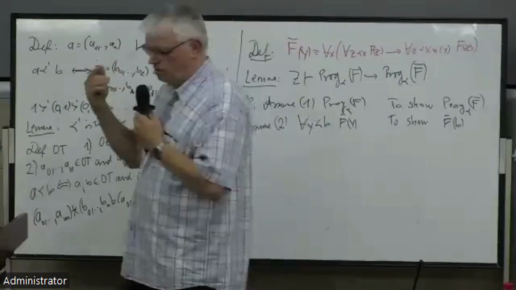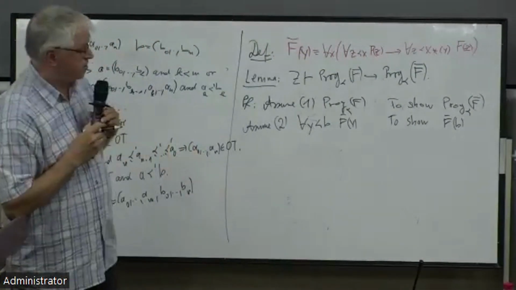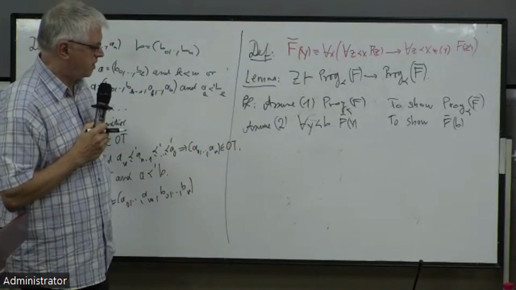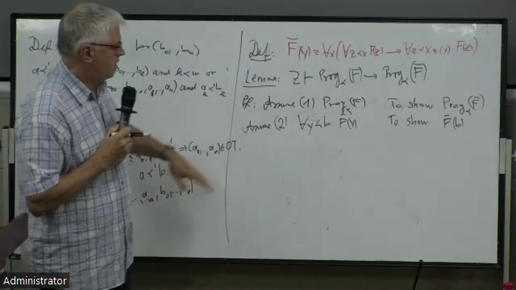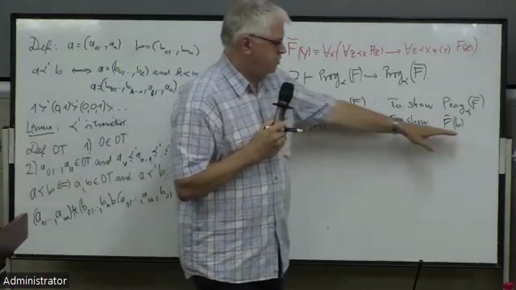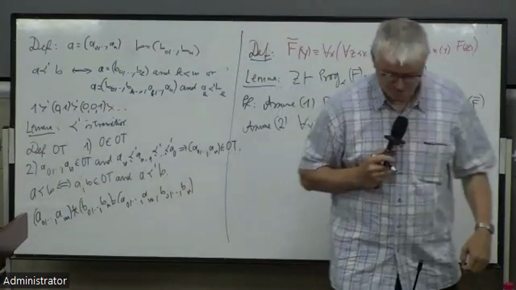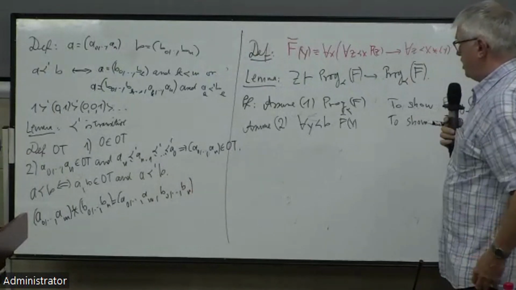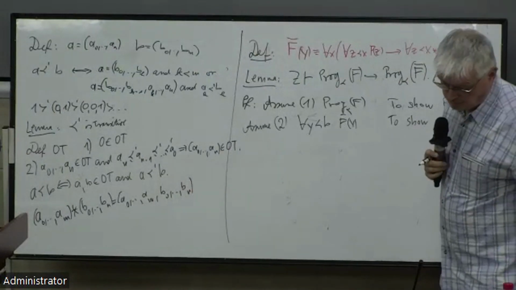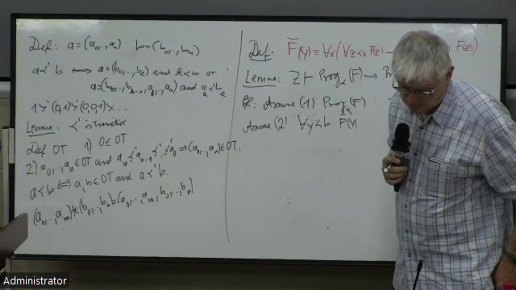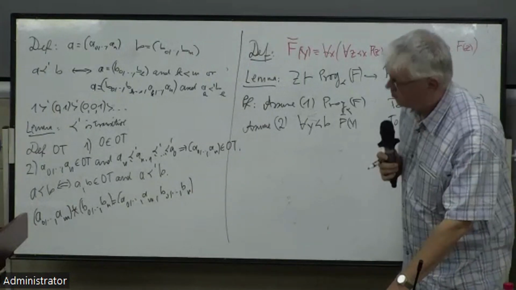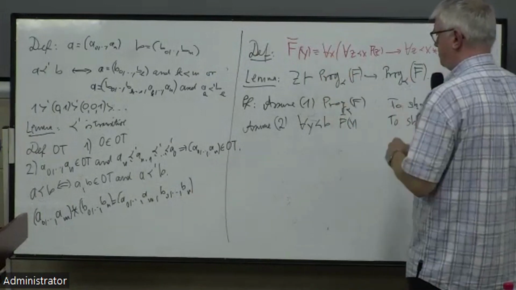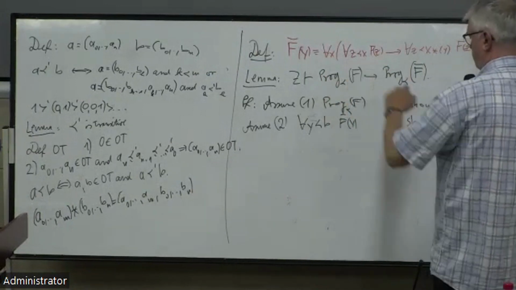So I have to show it in quantified version. So I take a variable for the arbitrary element. So I assume this one, and I have to show F bar of b. Now, what I'm doing is I take an arbitrary element a, and I assume this one for a.